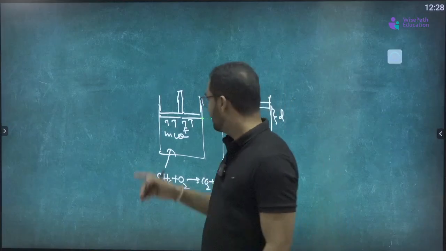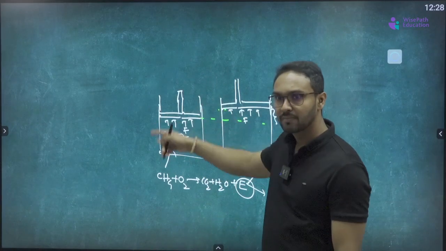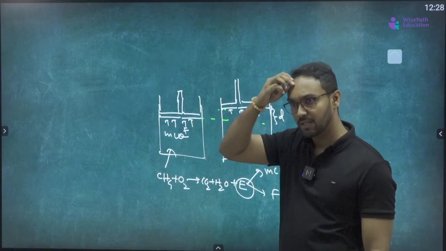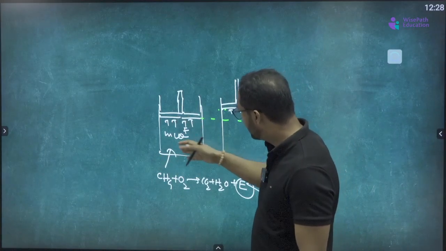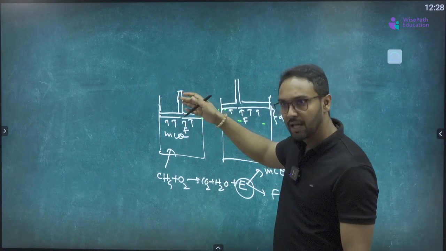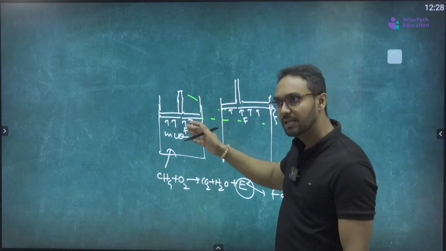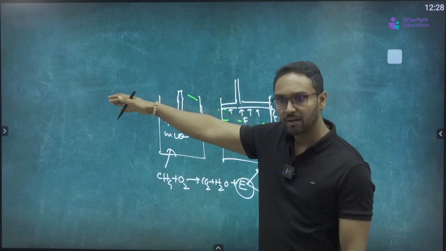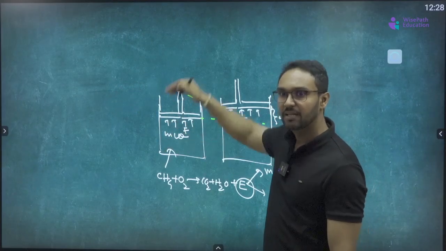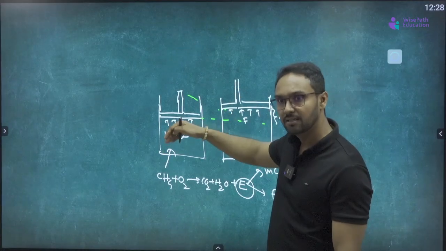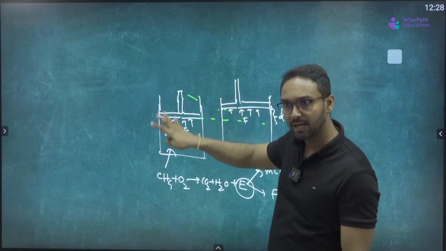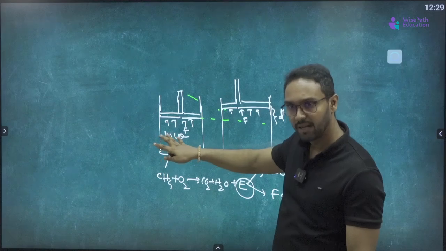So the piston is the system, right? Or the methane and the whole thing is the system. And when the reaction occurs, the heat is released to the environment and the piston is lifted to the environment, right? So the work is done to the environment by the piston.